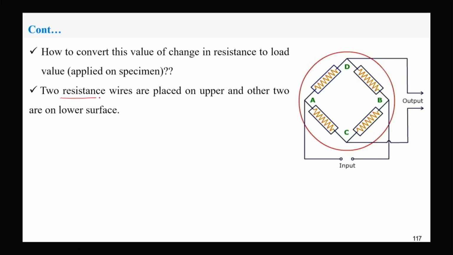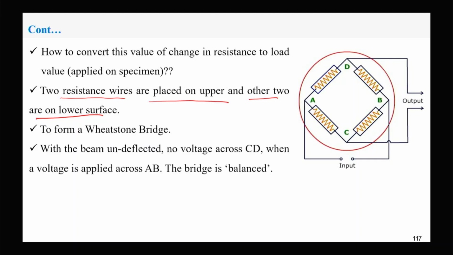So two resistance wires are placed on the upper surface, and two are on the lower surface, forming a Wheatstone bridge. With the beam undeflected, there is no voltage across the output CD. That's why it is called the balanced condition.